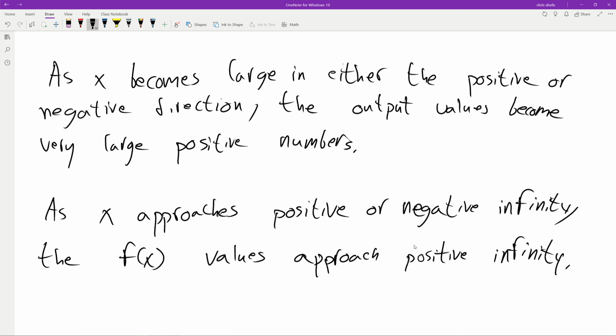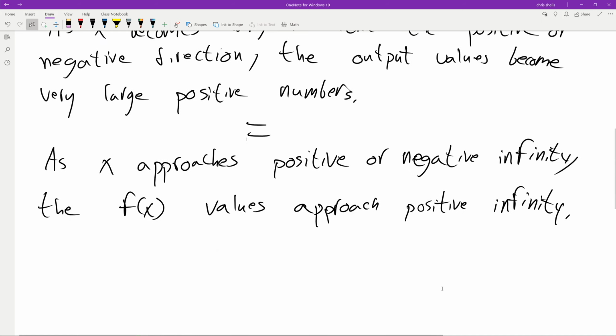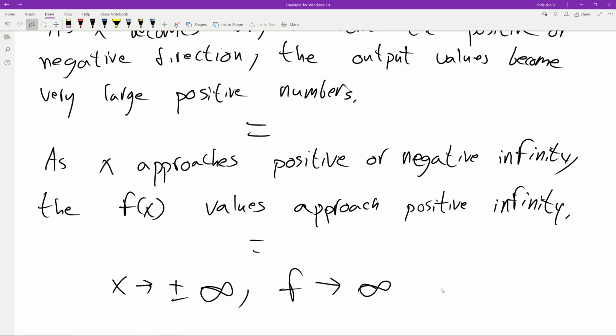This is really just another way of wording this last paragraph. In symbolic form, I could write this same thing as saying that as x approaches positive or negative infinity, f of x approaches positive infinity.